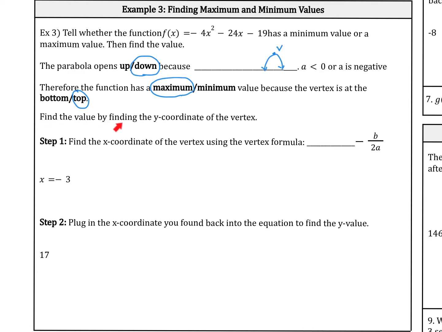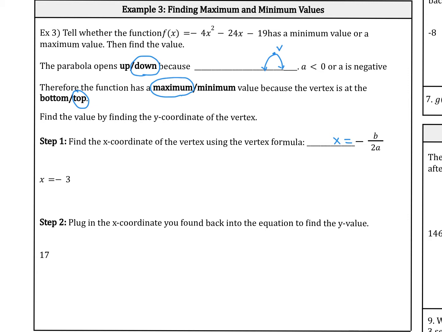Find the value by finding the y coordinate of the vertex. You're going to find the x coordinate of the vertex using the formula x equals negative b over 2a. First you find the x value, and then you plug this x value into the function to get the y value.